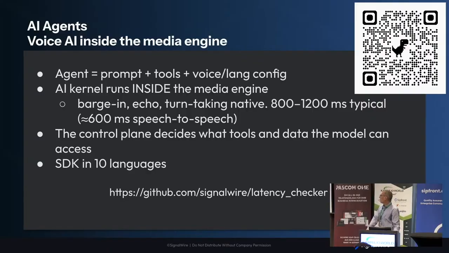Briefly, even if it's not the core of this presentation, you can define your own AI agents. The promise that the system is making is that, due to the native support for barge-in, echo management and turn taking, that happens directly in FreeSWITCH and is not delegated outside, the aim is to get a much better overall latency.